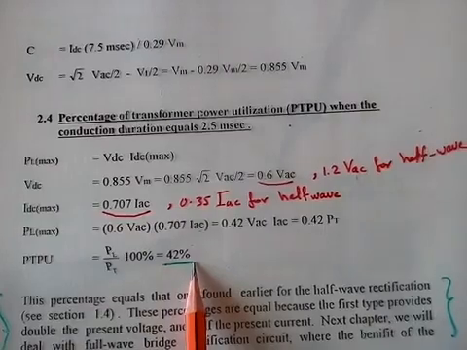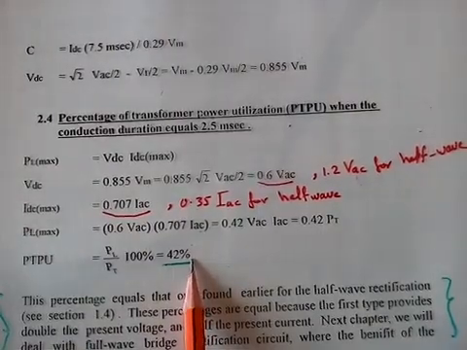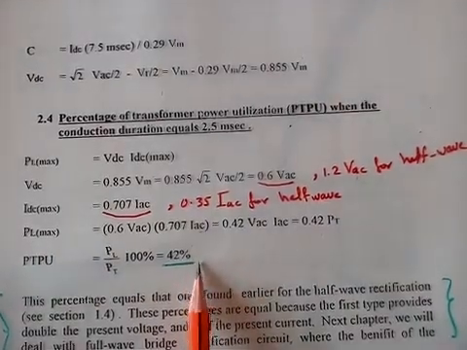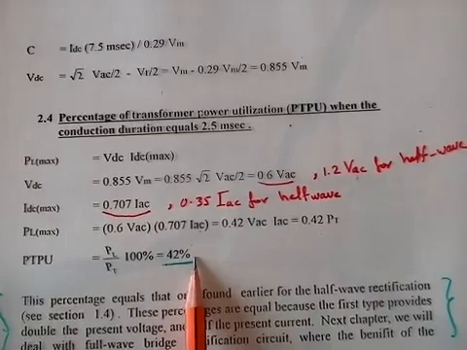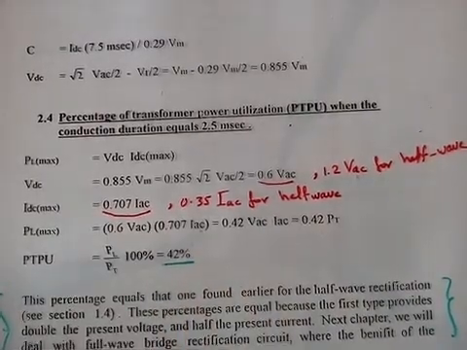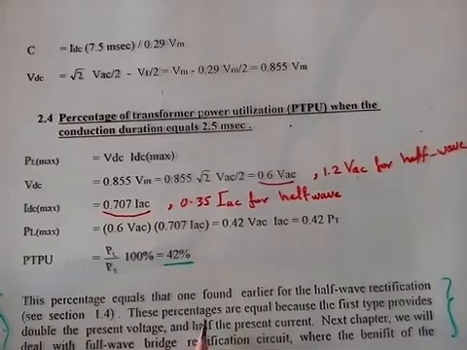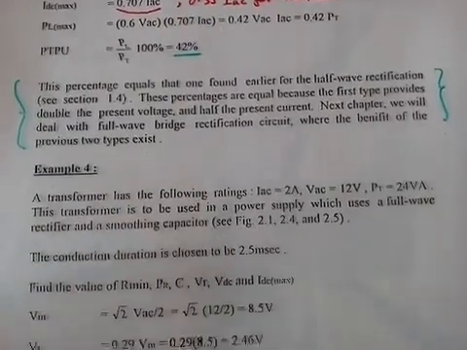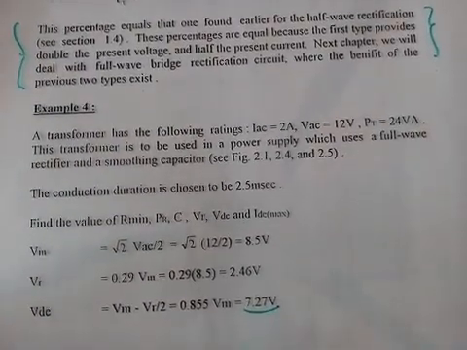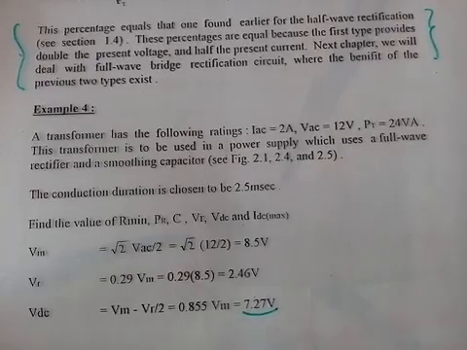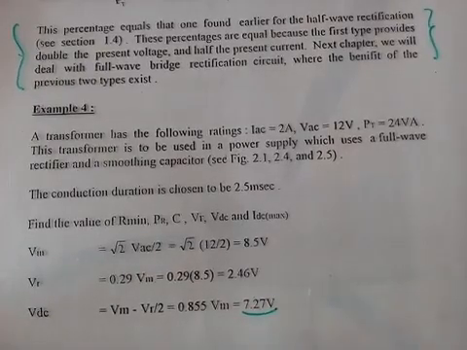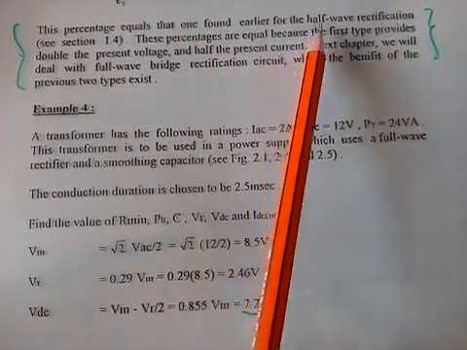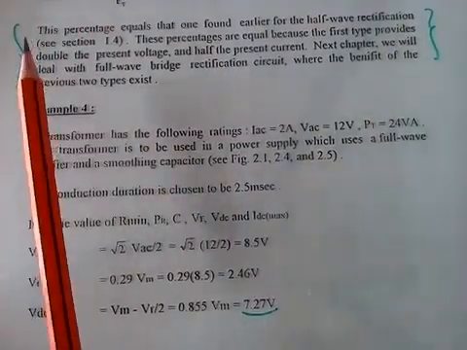So what you get out of your transformer when you add that storage element, the cap, is only 42% of the capabilities of the transformer. This percentage equals the one found earlier for the half-wave rectification.